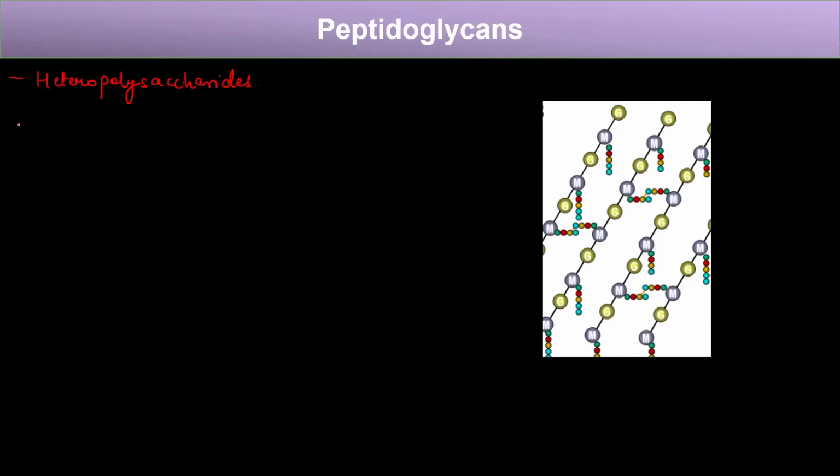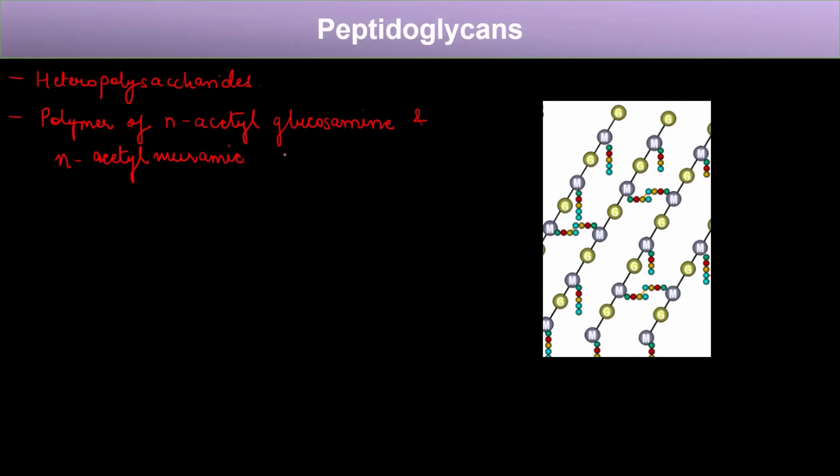What is the monomeric unit of peptidoglycans? Peptidoglycan is a polymer of N-acetyl glucosamine that we saw in the previous slide, and the second component is N-acetyl muramic acid.